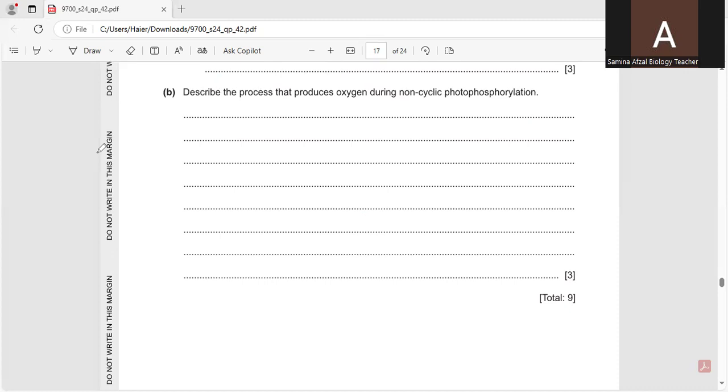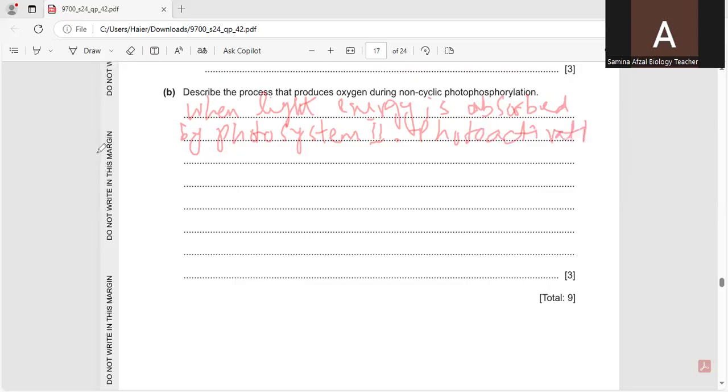So when light energy is absorbed by the photosystem 2, photoactivation of chlorophyll takes place, due to which photolysis takes place.